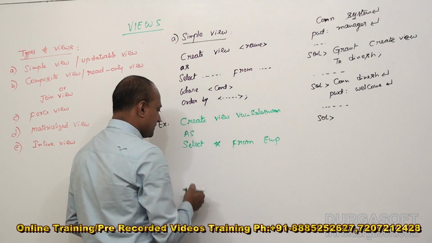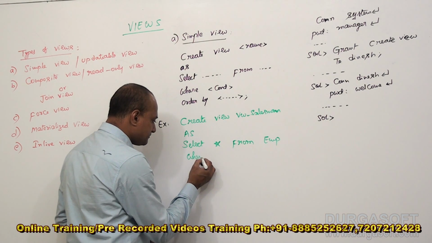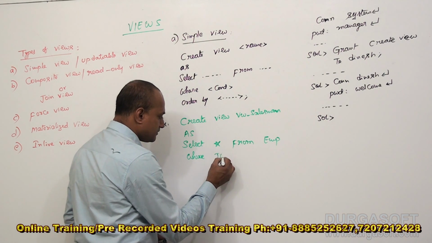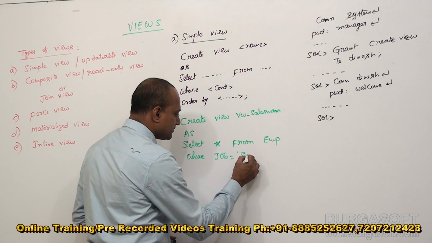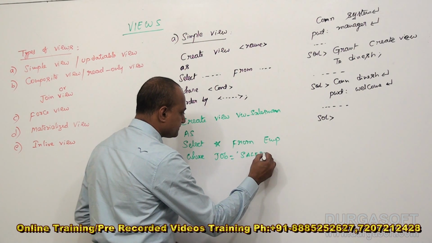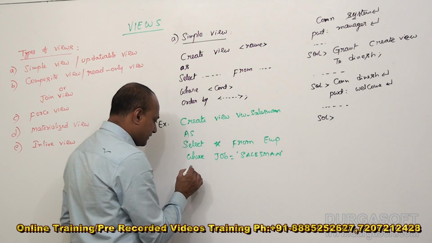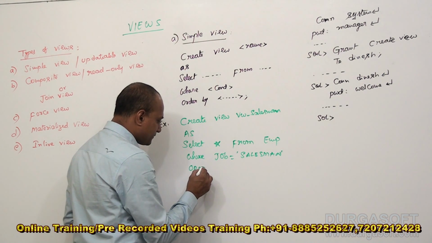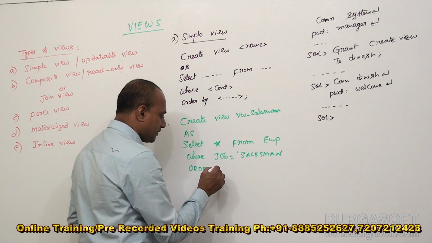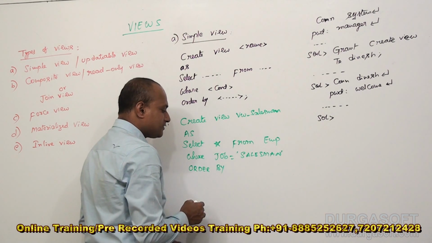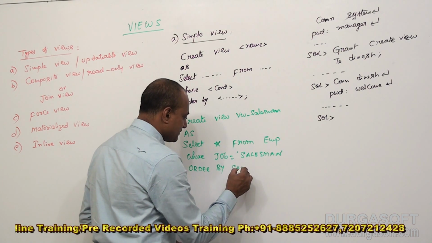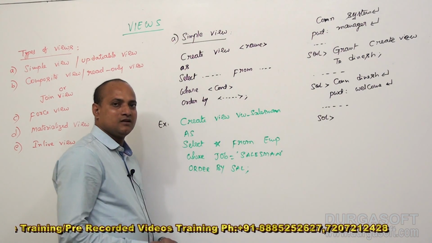EMP. And what is the condition? Where job equal to salesman. And I want to maintain ordered data of salesman according to salary. Order by salary.